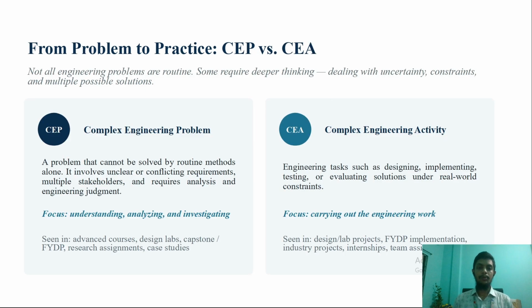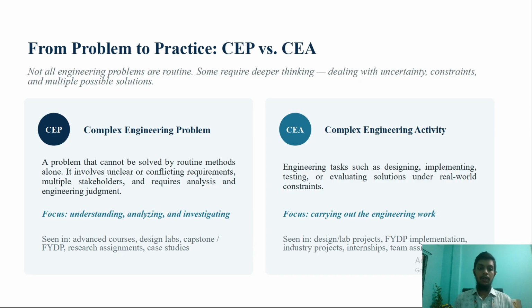From problem to practice, now we are going to compare CEP and CEA, which are complex engineering problem and complex engineering activity. Not all engineering problems are routine. Some require deeper thinking, dealing with uncertainty, constraints, and multiple possible solutions.